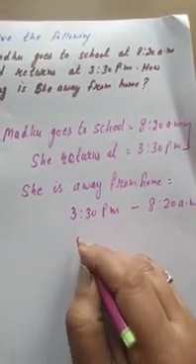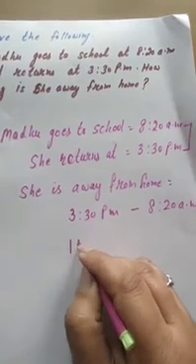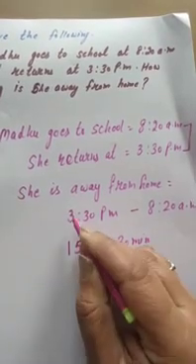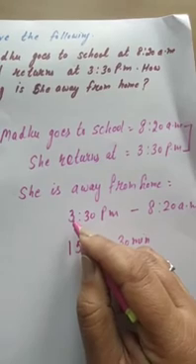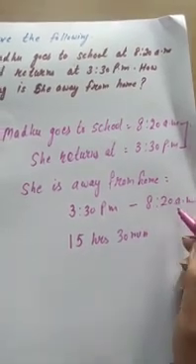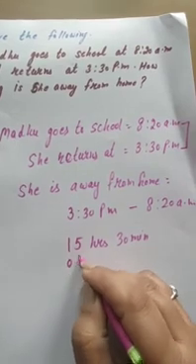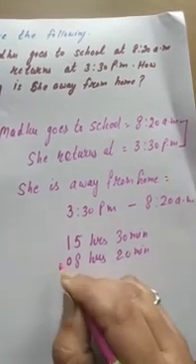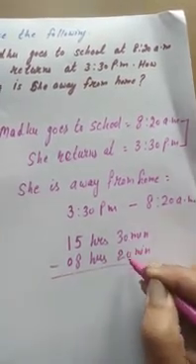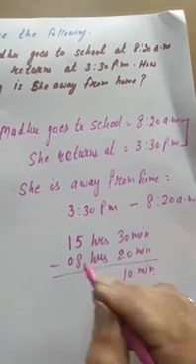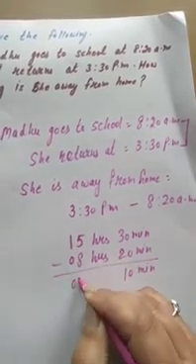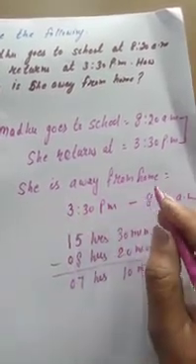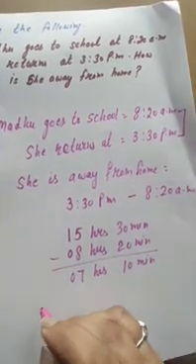So 3:30 will be 15 hours 30 minutes, as we add 12 to that 3, so we get 15. And 8:20 a.m. we will write as it is, 08 hours 20 minutes. Now we can subtract. 30 minus 20, 10 minutes. 15 minus 8, here we get 7. So we get the answer, she is away from home for 7 hours 10 minutes.